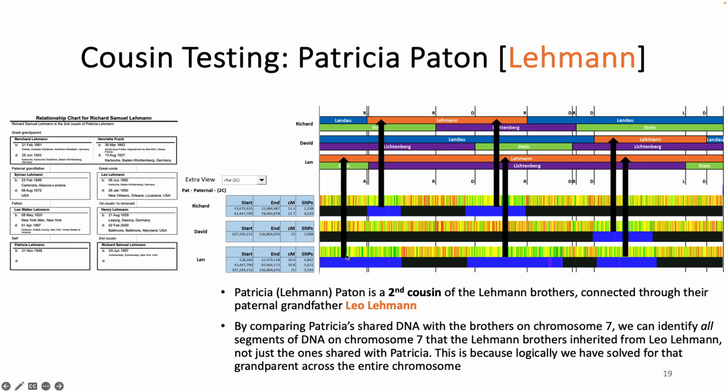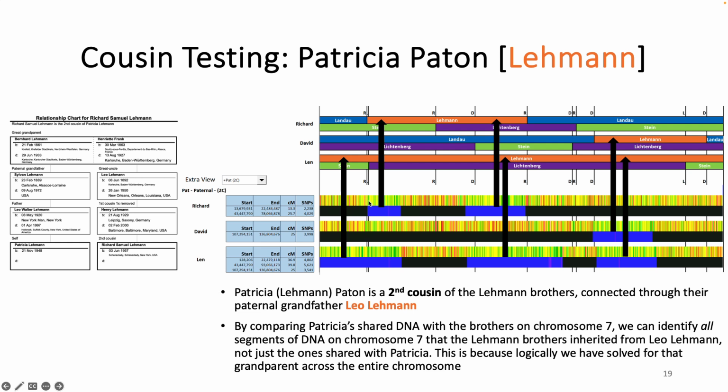So Len actually inherited this whole segment of DNA from the beginning of the chromosome all the way to the 22.5 million part of chromosome 7 from his Lehmann grandfather. Now, Richard, though, only has a small bit of that, 37 centimorgans. It's only 13 centimorgans that he's inherited. It's only the tail end. And before that, there's no DNA shared with Pat.